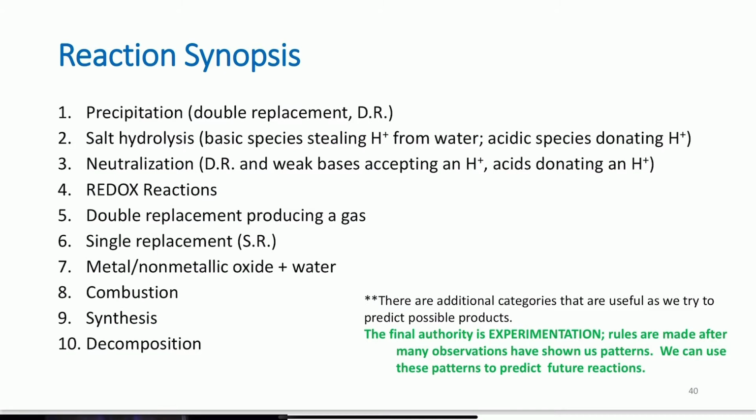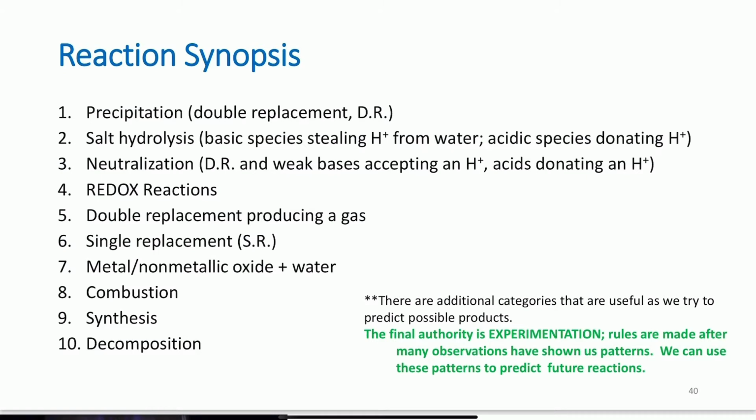We have salt hydrolysis. This is where you have a basic species that steals a proton from water, and acidic species donate protons. We have neutralization reactions. This is a type of double replacement reaction. Weak bases accept a proton. Acids donate protons. So weak bases can accept protons. Strong and weak acids can donate protons. Strong bases don't accept protons.